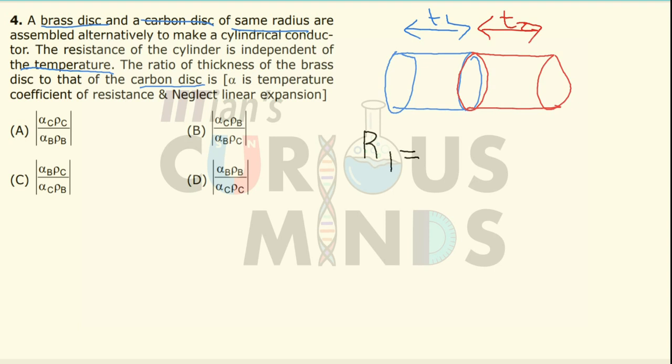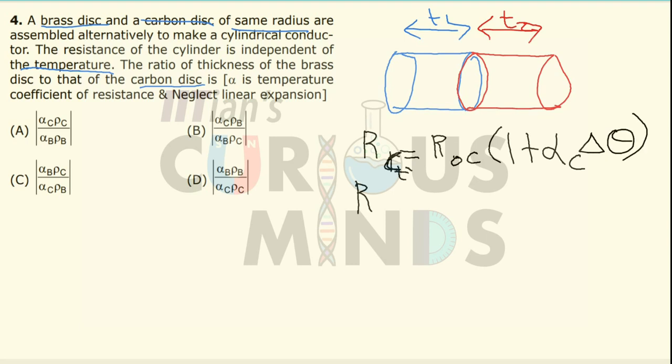For a carbon disc, R for the carbon, let us say RC, will be equal to R0C times (1 plus alpha C delta theta), and R for brass will be equal to R0B times (1 plus alpha B delta theta).